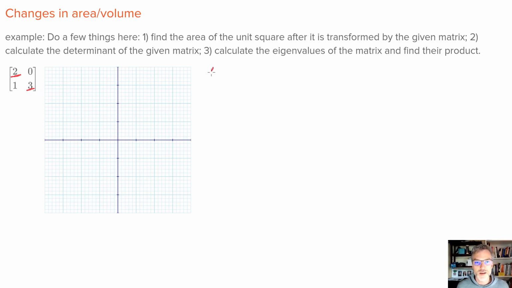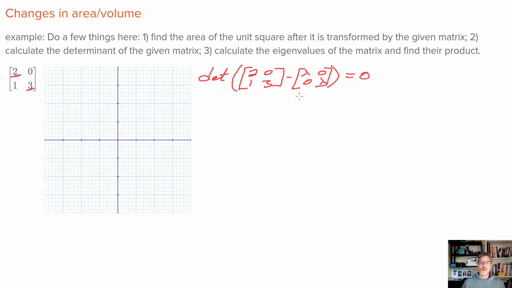We could also set it up by doing this typical determinant of the matrix 2, 0, 1, 3 minus lambda 0, 0, lambda. Setting this equal to 0, and then solving that resulting characteristic polynomial, as we saw.